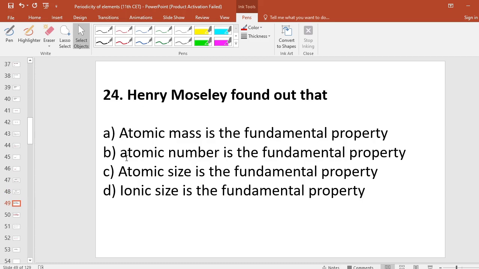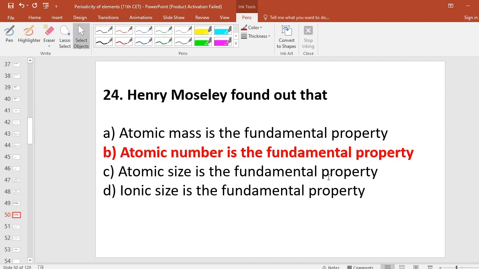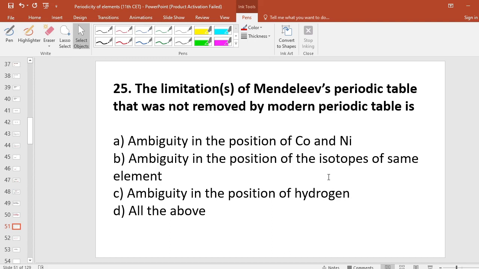Henry Moseley found out that, this is a very easy one. Correct answer is atomic number is the fundamental property. Next one. The limitation or limitations of Mendeleev's periodic table that was not removed by the modern periodic table is ambiguity in the position of cobalt and nickel.